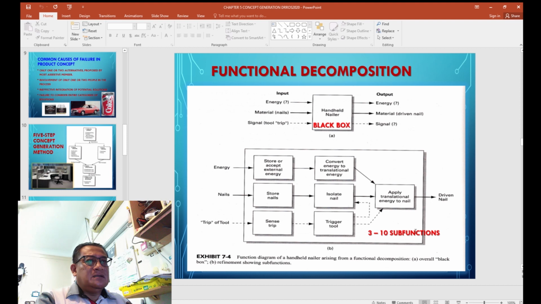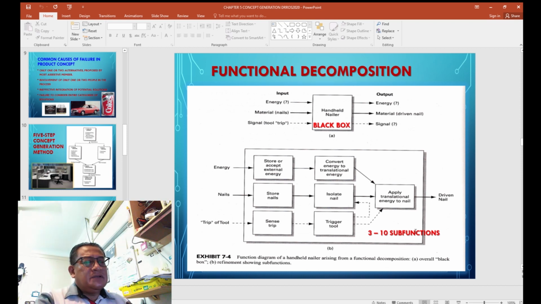What material or raw material does it use as input, for example, the nail itself, and what sort of signal will it give the user to let them know that the machine is working properly, or the machine requires some servicing, or the machine requires some kind of repair? So here is all the black box. All this energy, material and signal is expected to serve as input towards the black box.